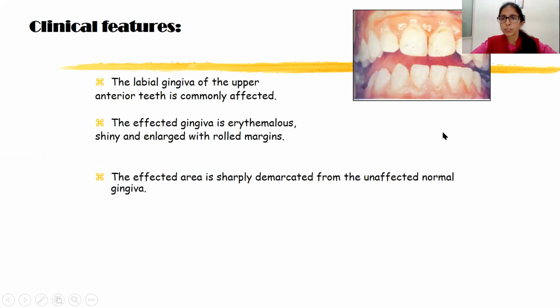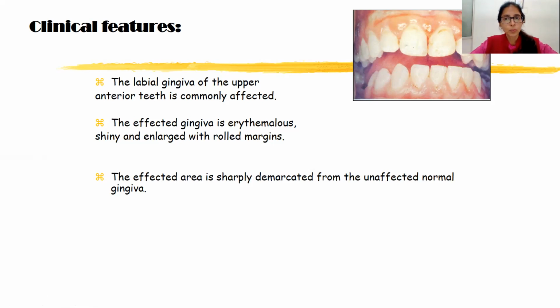So as I mentioned earlier, if you can see in this area, it will very characteristically end in the canine area, and it will not be present anywhere else. So mostly when there is mouth breathing, the central incisors are going to be involved, the lateral incisors, and sometimes even the canines.